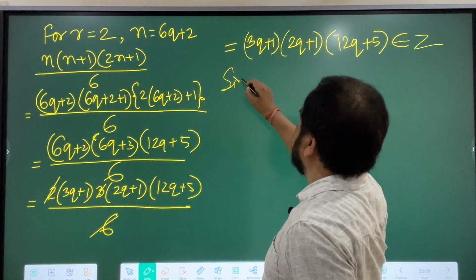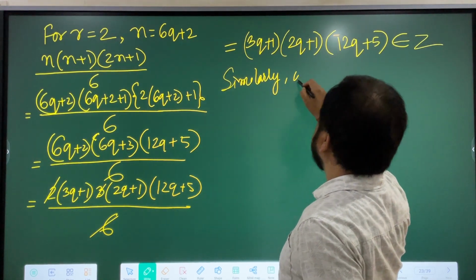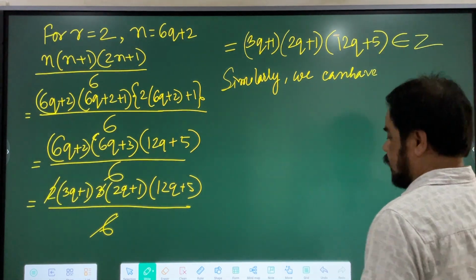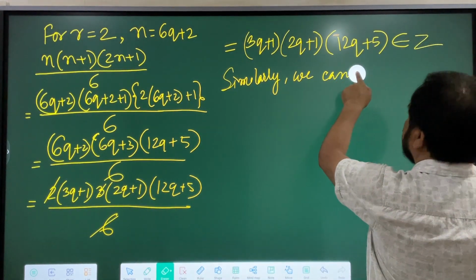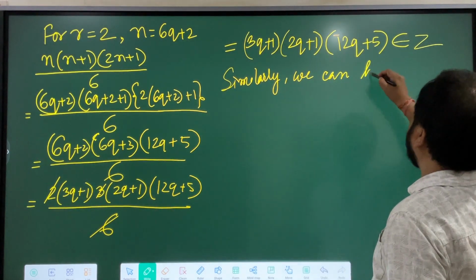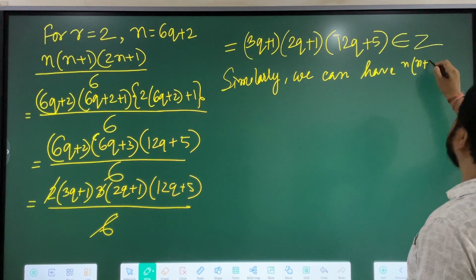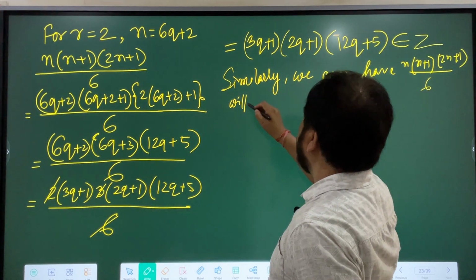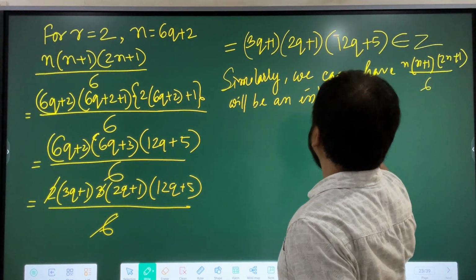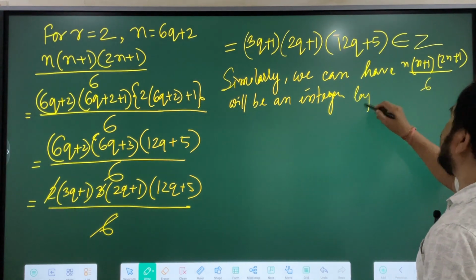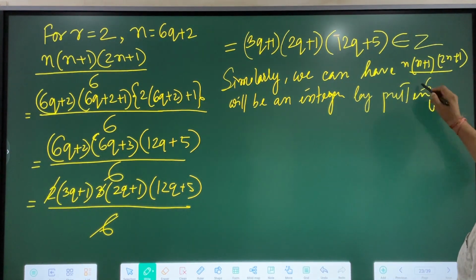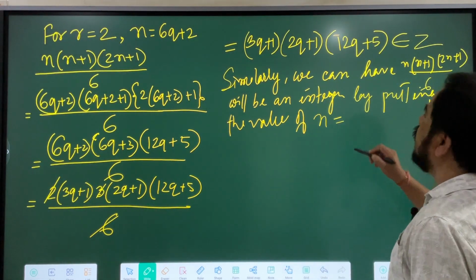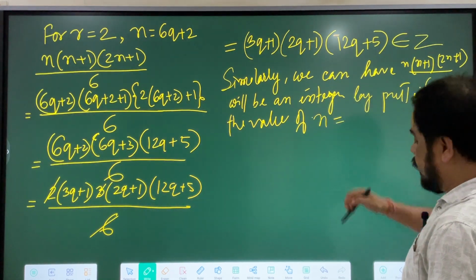So similarly, we can have n into n plus 1 into 2n plus 1 by 6 will be an integer by putting the value of r.